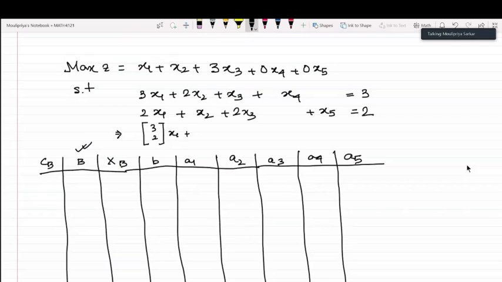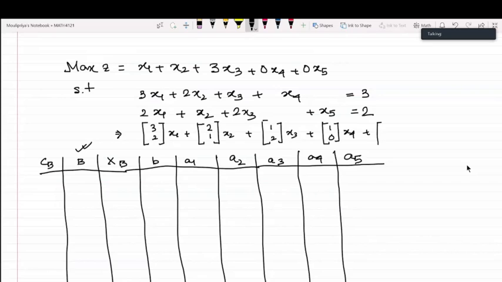We can write the same as this is our A1, A2, A3, A4, A5, and this is our small b.